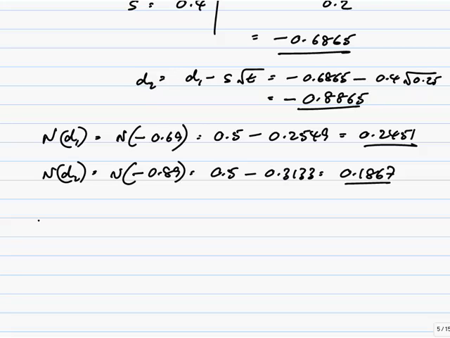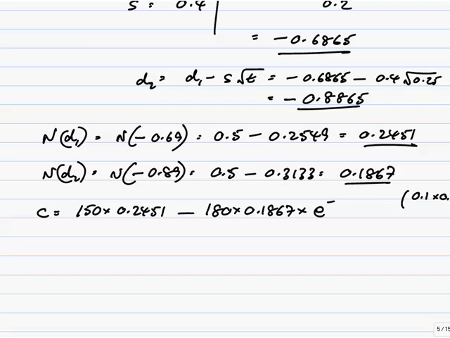Now, in the full formula, the value of a call option, it's PA, which was 150 times ND1, minus PE, which was 180 times ND2, times e to the minus R times T. Well, again, to save time, R is 0.1, T is 0.4. So what's it come to? 0.04.